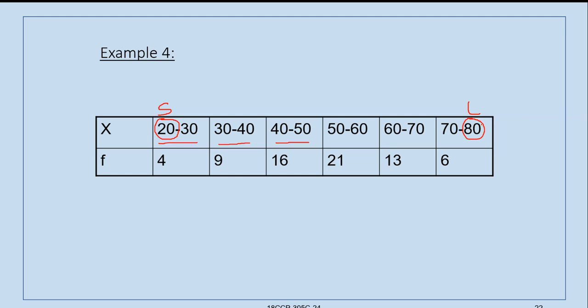So here range is equal to L minus S, that is 80 minus 20, and coefficient of range is 80 minus 20 by 80 plus 20, that is 60 by 100. So like this we have to calculate.